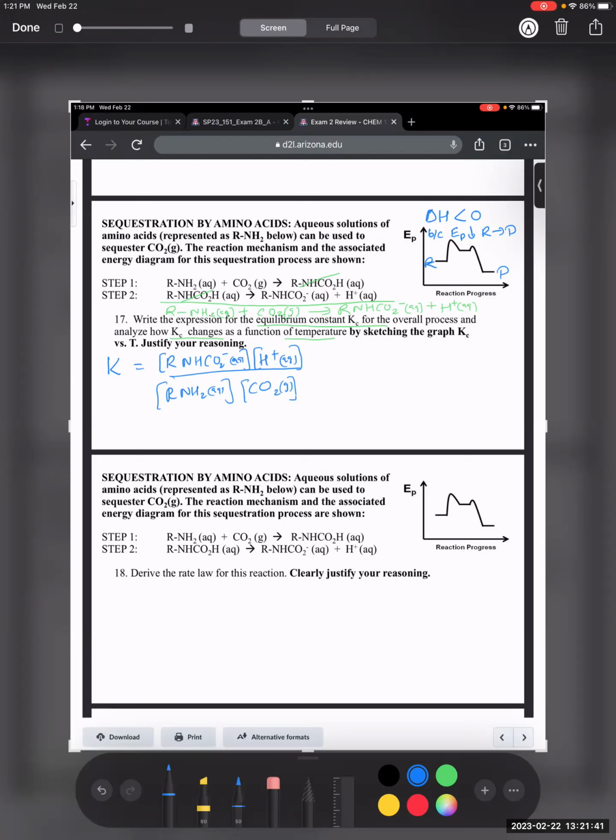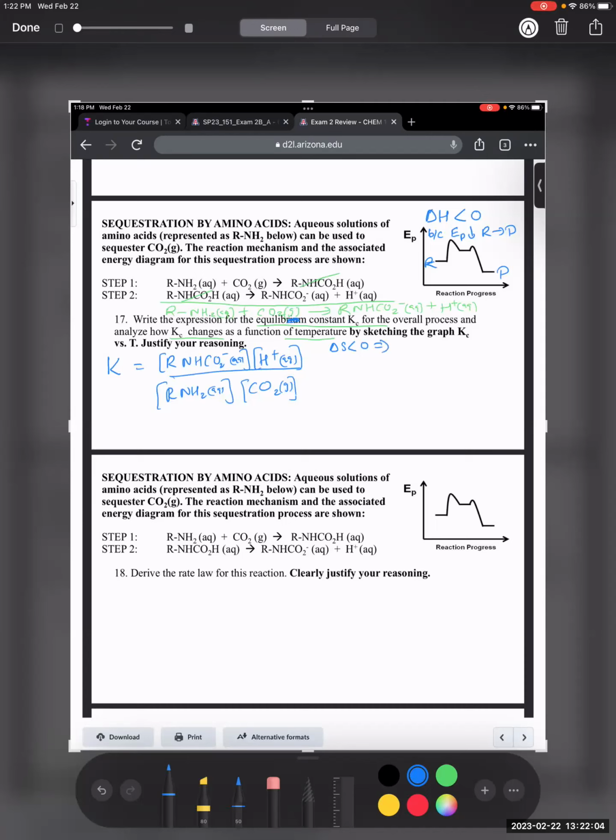On the reactant side, we have a gas molecule, and on the product side, we don't have any gas molecules. That means we are going from higher entropy reactants to lower entropy products. Therefore, entropy decreases, so delta S is negative.